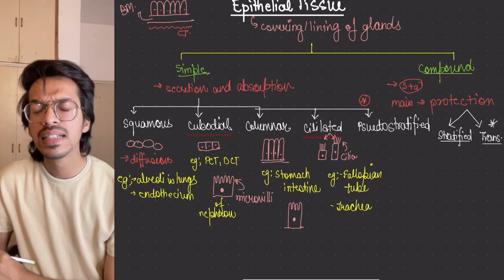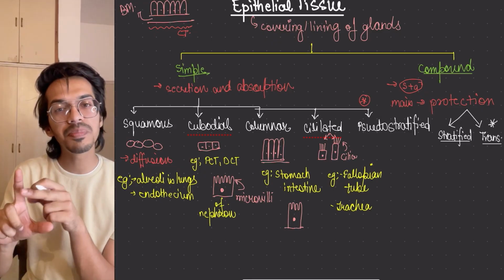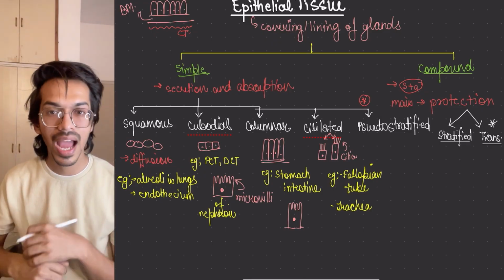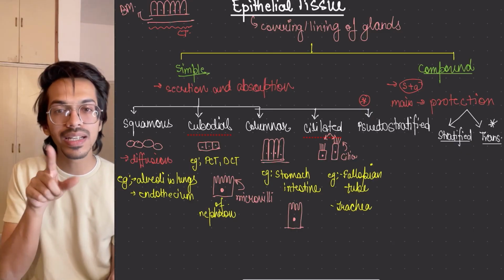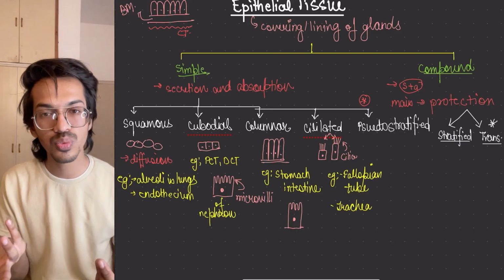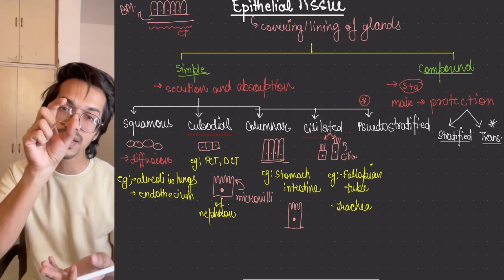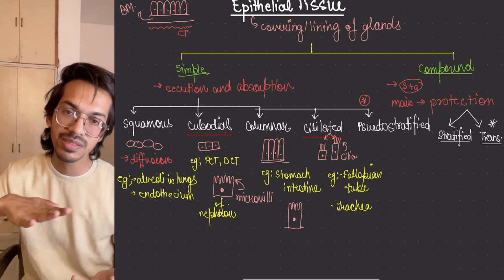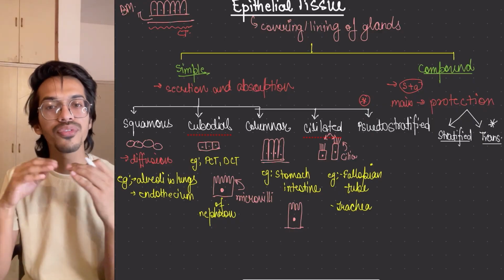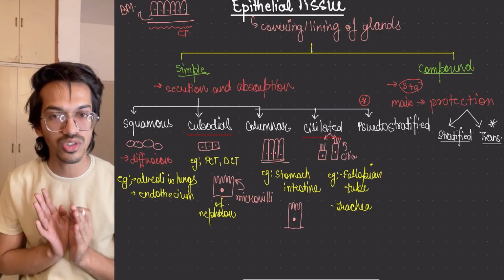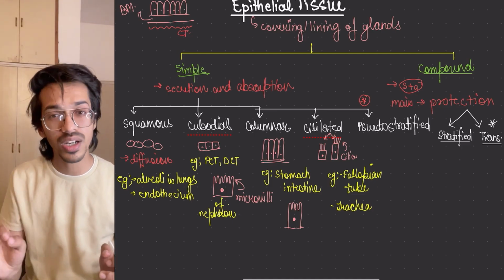What is pseudostratified? Sometimes these are columnar cells, but their nuclei are present at two different levels, and because of that it appears that two layers are present. But the layer is one. How do we know that the layer is one? Because all the cells are present on a single basement membrane, whether their nucleus is down or up. If multiple layers were there, there would be distinct separations, but here there are none.